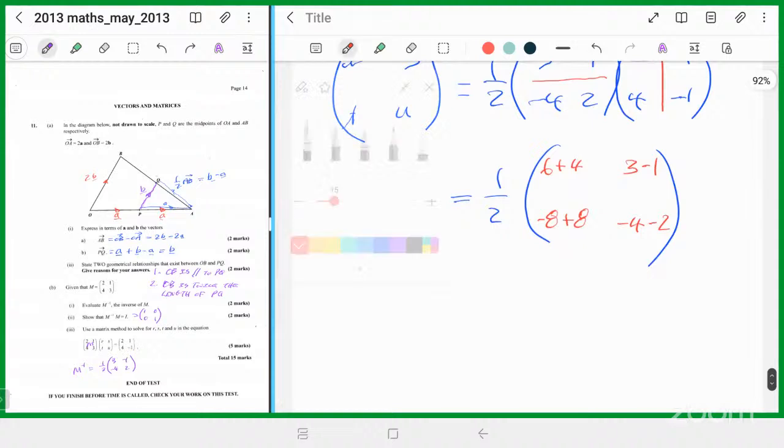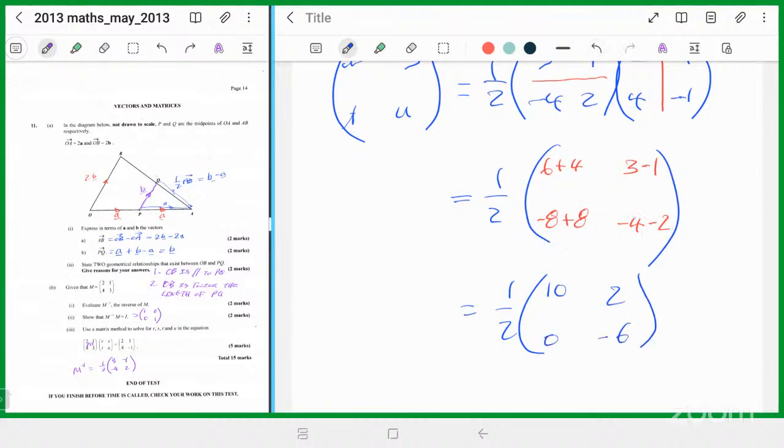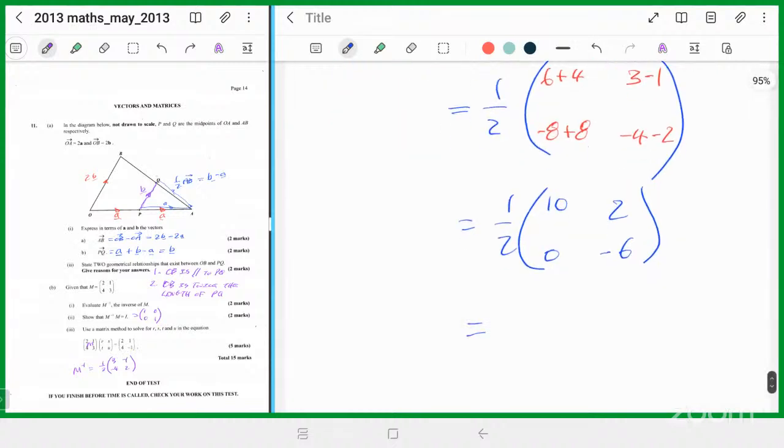By this, it becomes half of the matrix 10, 2, 0, 0. We divide each of these entries by half: half of 10 is 5, half of 2 is 1, half of 0 is 0, half of 0 is 0.